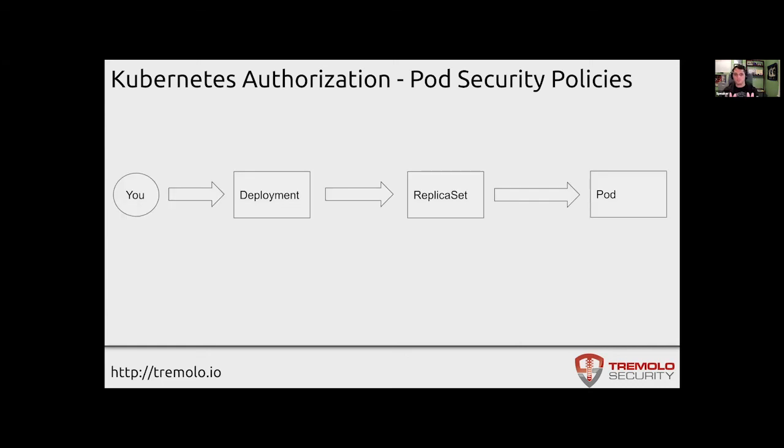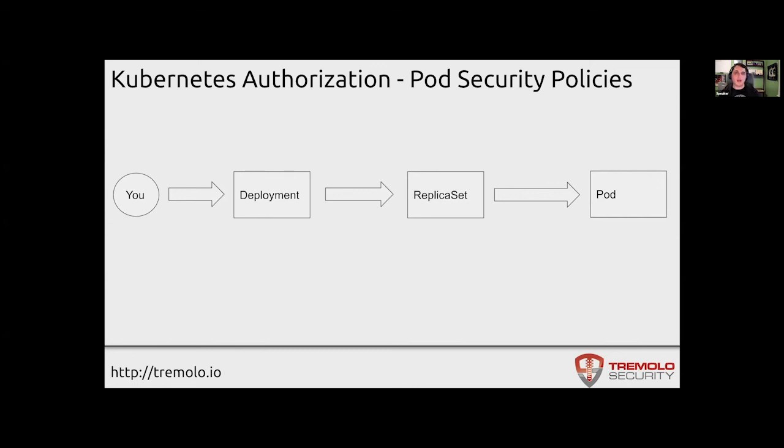Here's where things get really hairy with pod security policies: your pod security policy is authorized based on a union of the identity that deployed it and the identity it runs as, its service account. But the identity that deploys the pod is not the person who created the deployment. We don't deploy pods anymore for the most part, right?